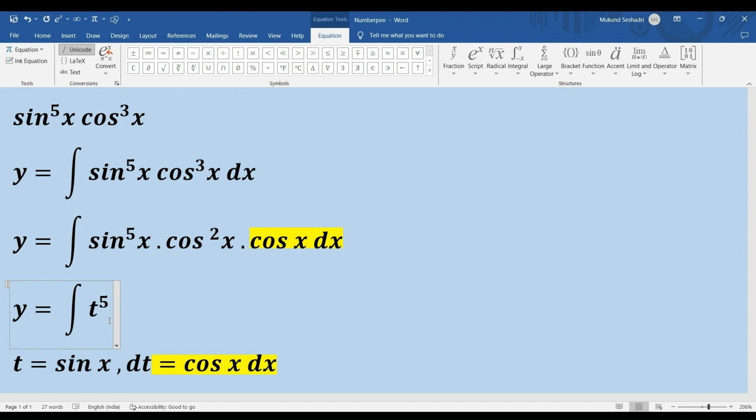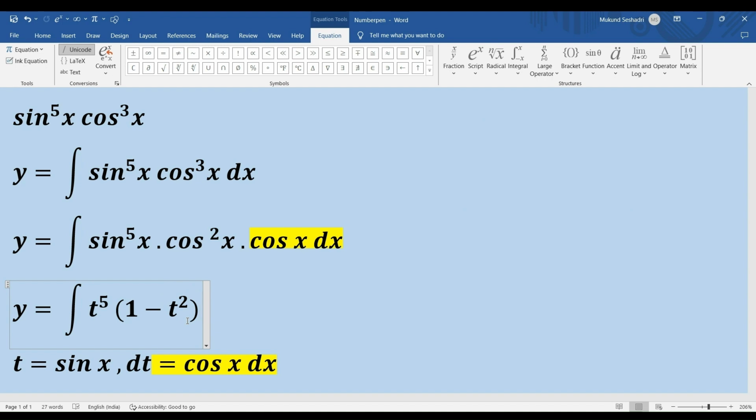So what happens is 1 minus sine square x becomes 1 minus t square. So we're using a very basic trigonometric identity. Sine square x plus cos square x equal to 1. Therefore, my cos square x equal to 1 minus sine square x. And that helps me represent my cos square x also in terms of t.